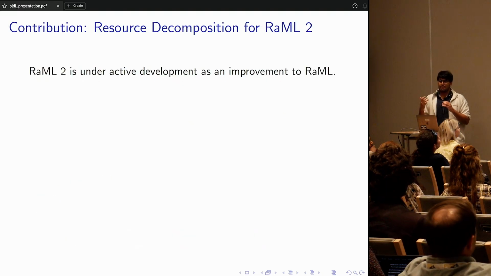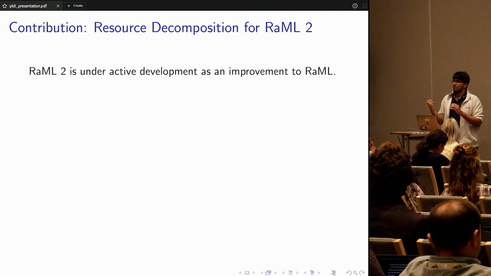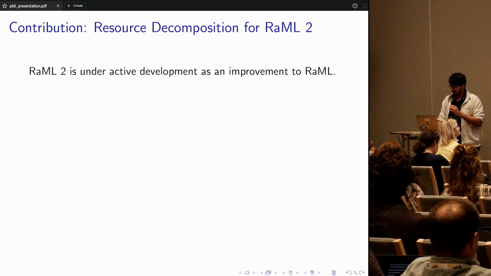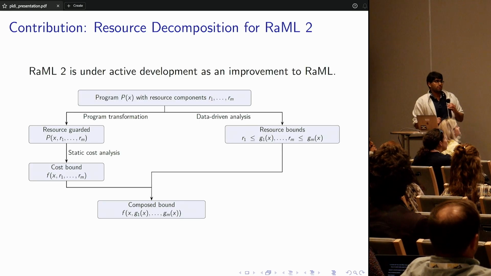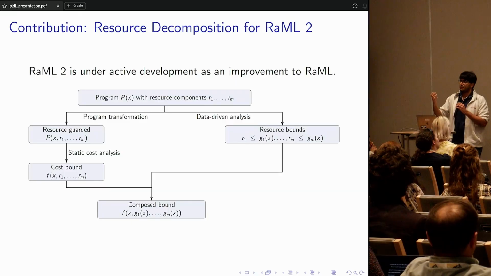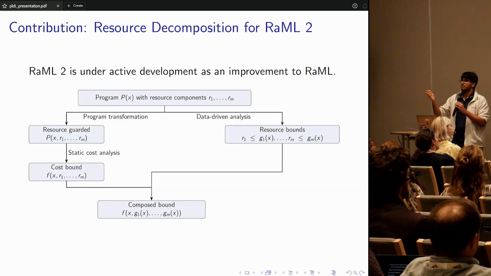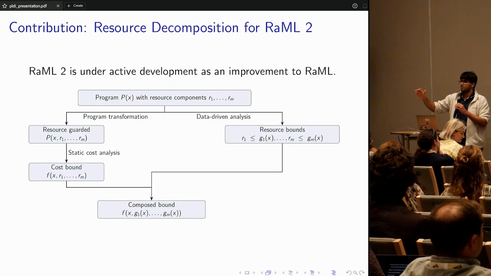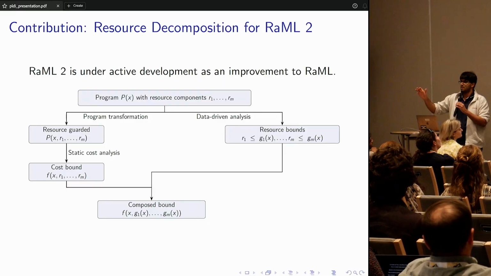So what I do is I implement resource decomposition as a largely automated process in RAML2, which is under active development as an improvement to RAML. At a high level, the architecture is as follows. At the top level, we have a resource decomposed program, which treats the recursion depths of a number of functions as resource components, which we will call R sub 1 through R sub m.